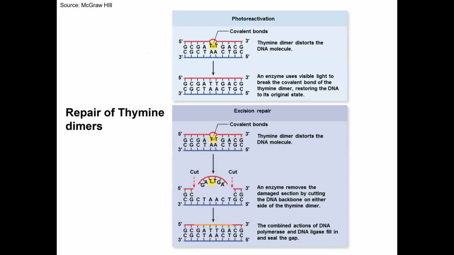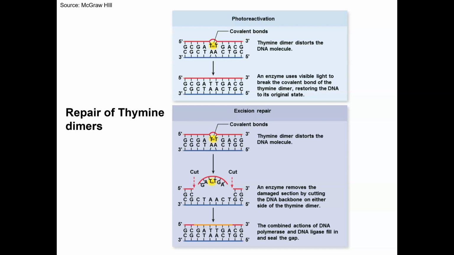All right, so how does the light repair system work? When you step out in the sun, thymine dimers begin to accumulate. Most organisms make an enzyme called photolyase. So photo, light, lyase, to break or cut. So, light cutters.